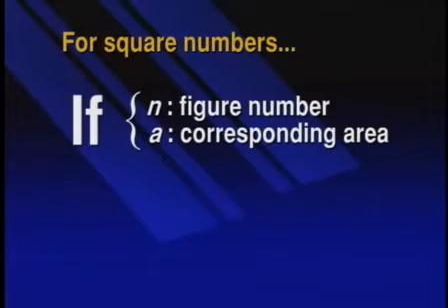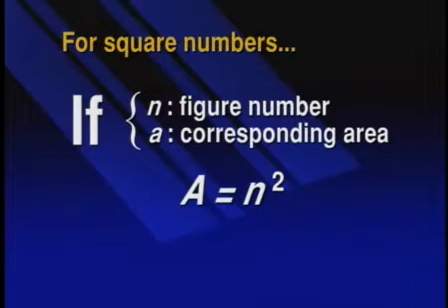We are now ready to generalize what we just discovered from our first exploration. For square numbers, if n is the figure number and a is the corresponding area, the algebraic or symbolic equation is a equals n squared. That's the squaring function.